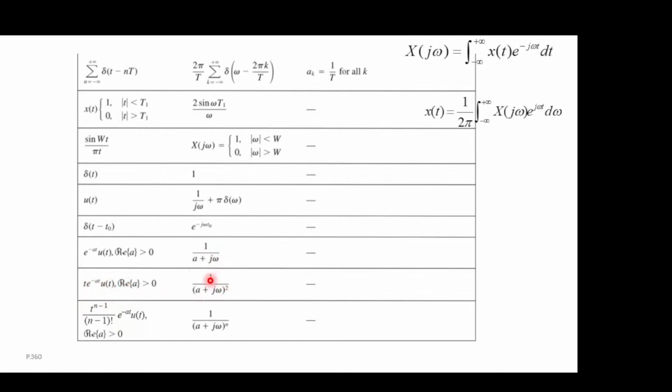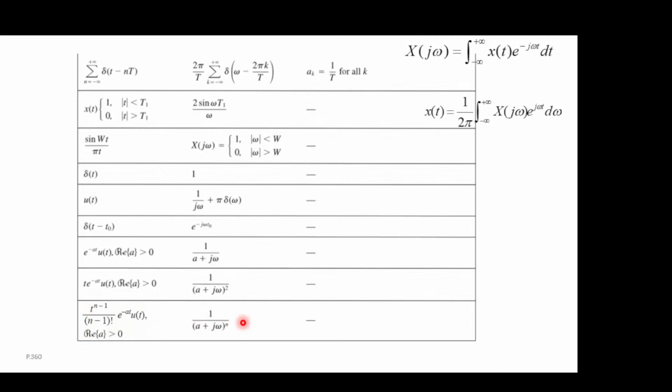So, sorting all the coefficients, we have found that when we talk about partial fraction expansion, 1 over (a plus j omega) squared has the inverse Fourier transform t times e to the minus at times u of t. You can generalize this to the nth power, and here is the formula.